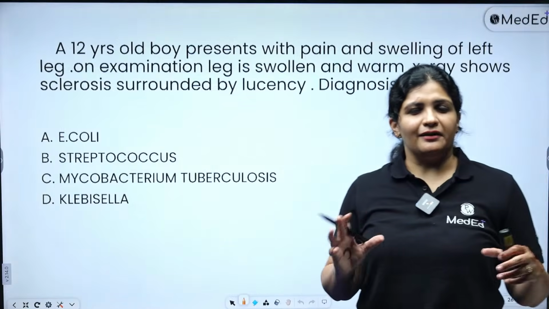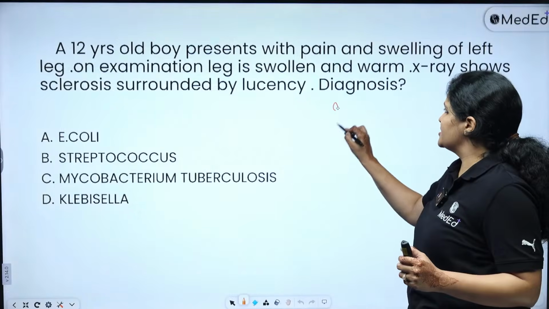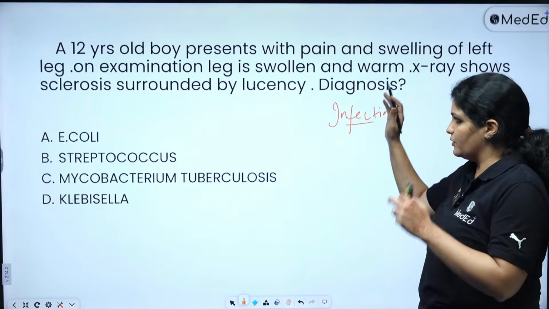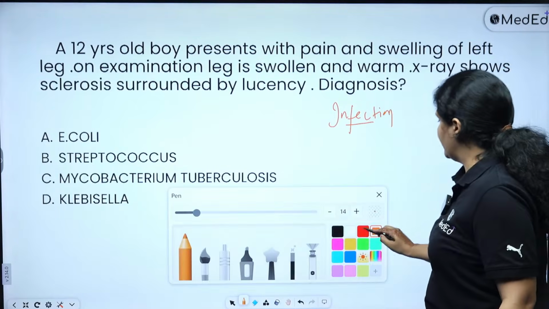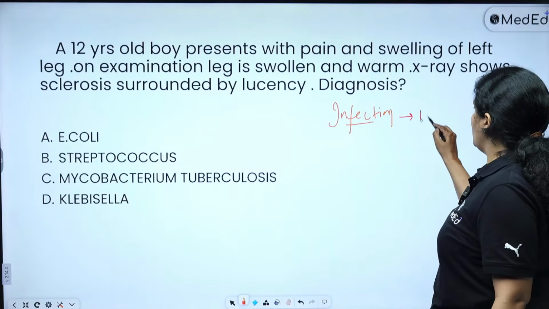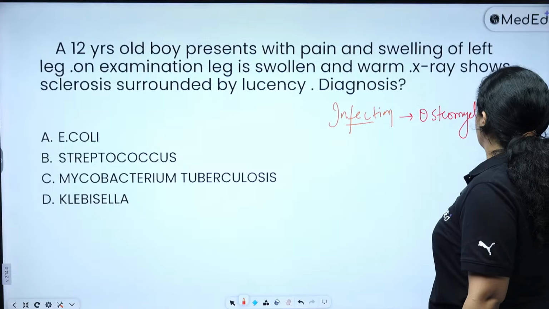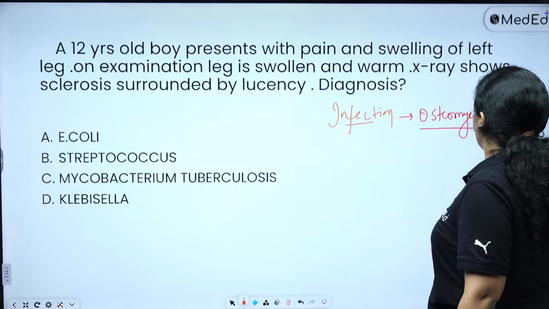Here they are trying to test your knowledge of infections along with microbiology. What they are trying to tell you is osteomyelitis. So they want to talk about osteomyelitis along with its organisms, a very important favorite topic.